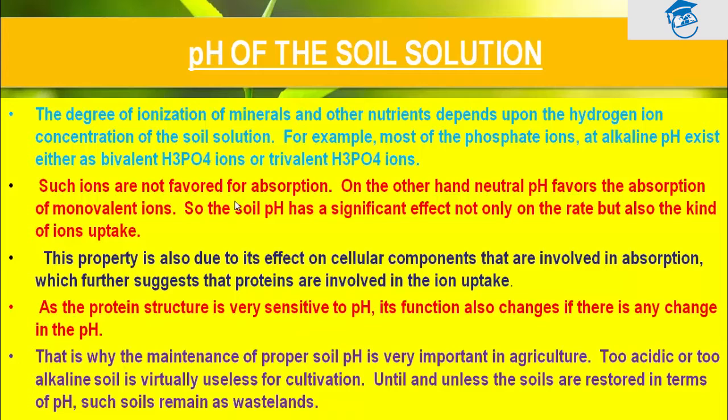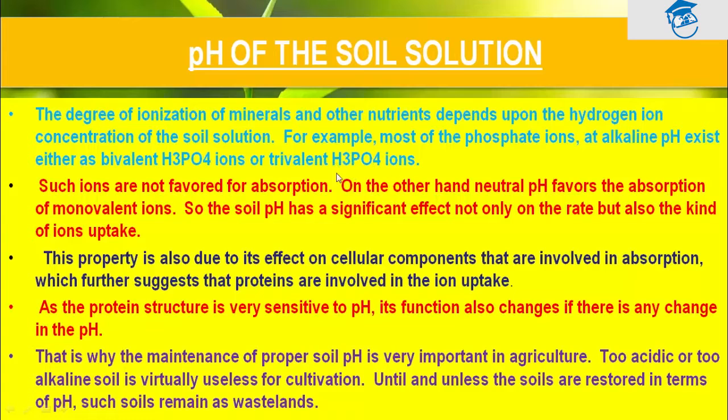For example, most of the phosphate ions at alkaline pH exist either as bivalent ion, such as H2PO4, or trivalent ion, that is PO4 ions. Such ions are not favored for absorption.